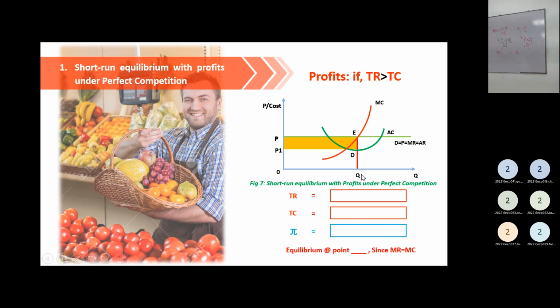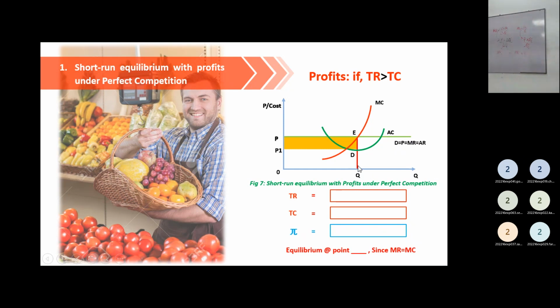You are going to produce Q output level. Here you can write: equilibrium at point E. Why? Since at that point your marginal revenue equals marginal cost.